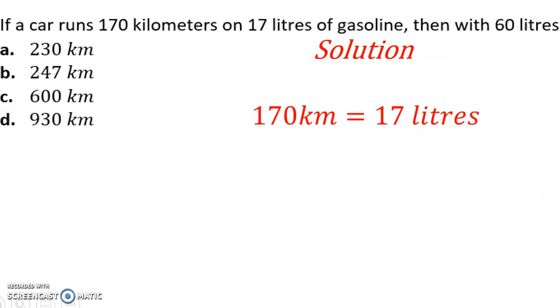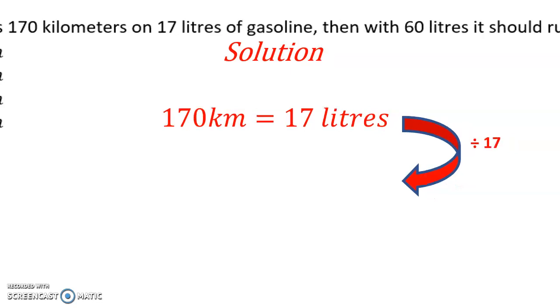First thing we write down is that 170 kilometers equals 17 liters. The next thing is we're going to see what 1 liter is equivalent to in kilometers. To get from 17 liters to 1 liter, we divide by 17.